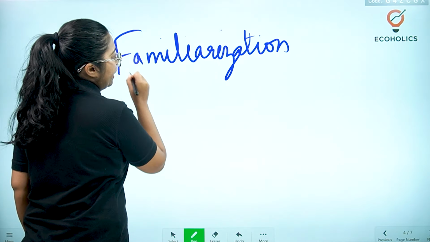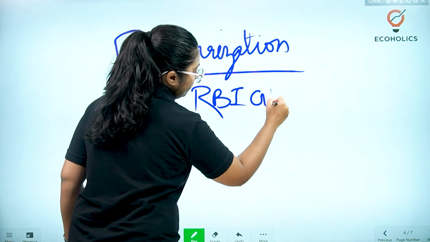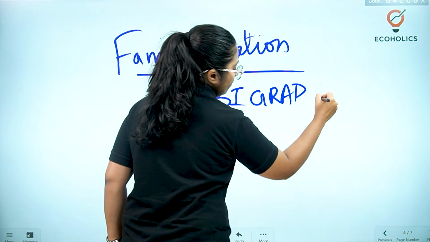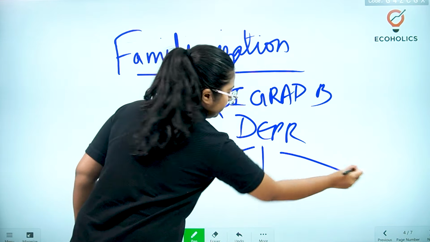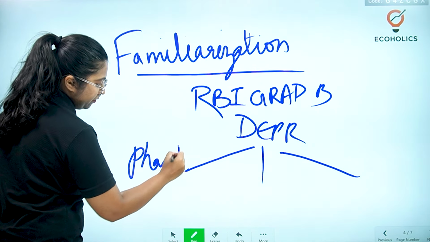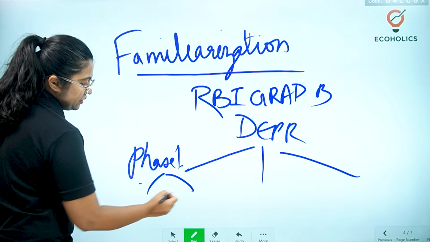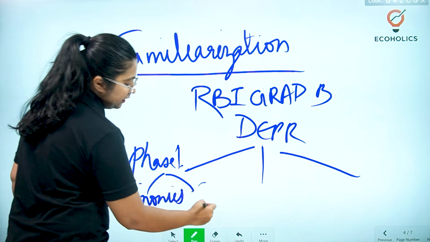RBI Grade B DEPR is conducted in 3 phases. Phase 1 has 2 papers, Economics and English.